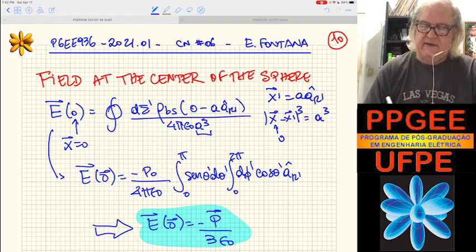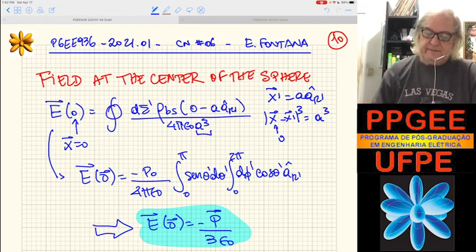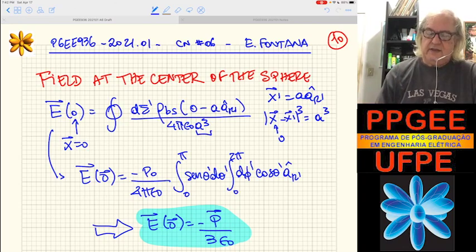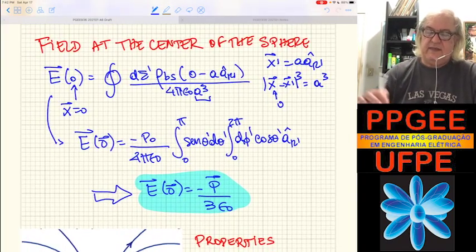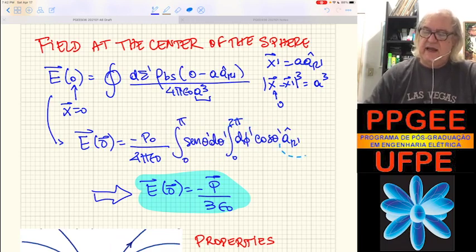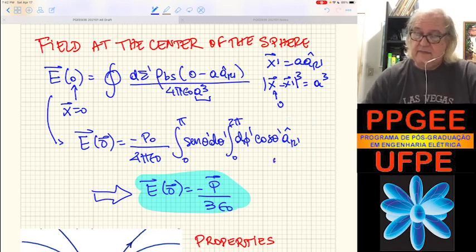So that's what I have here, right? So that's what we end up with, this double integral here, sine theta d theta d phi, and we have a cosine theta here, and we have the versor a_r prime, which is a function, right, of theta prime and phi prime.